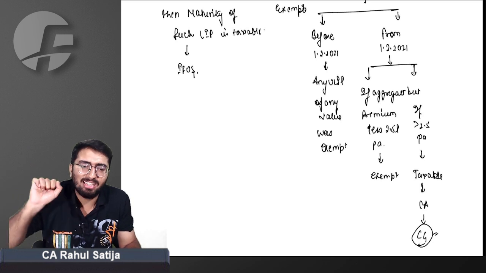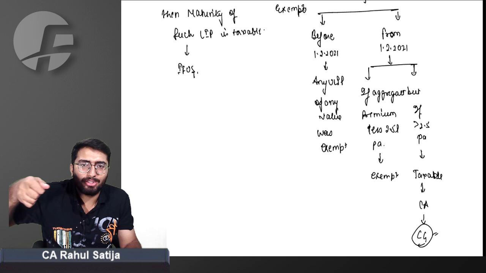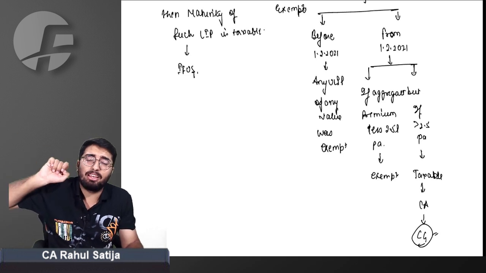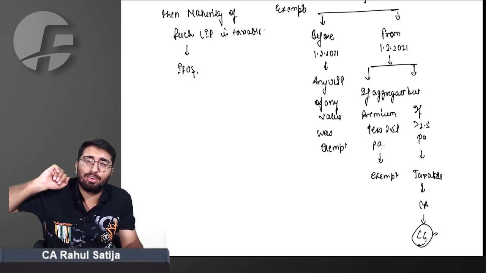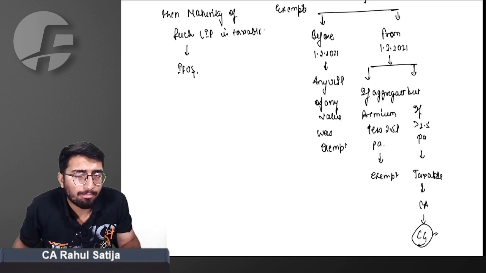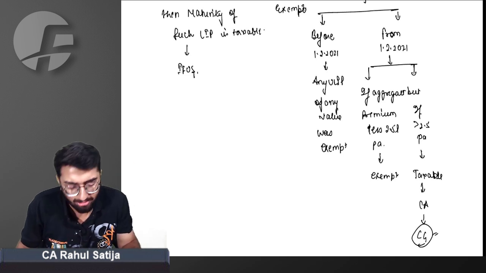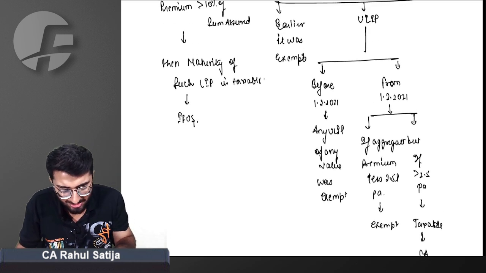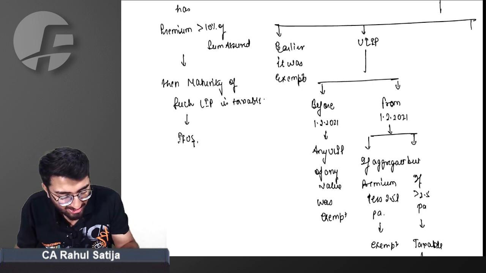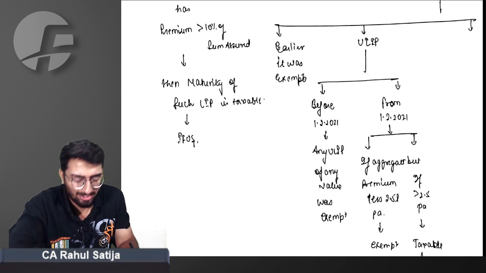People were exploiting ULIP. Therefore, the government had to take action that even if premium paid is lesser than 10% of sum assured, yet maturity will be taxable in case aggregate premium exceeds 2.5 lakh after 1st Feb 2021. Not only this, people were so intelligent that the government had to introduce another thing.